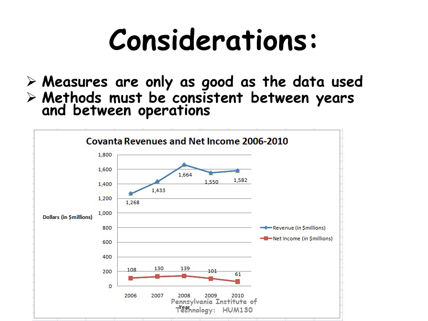So just to look at this data right here, we look at revenue. Revenue in 2006 was $1,268. In 2008, when it had its best year, 1,664. And in 2010, 1,582.